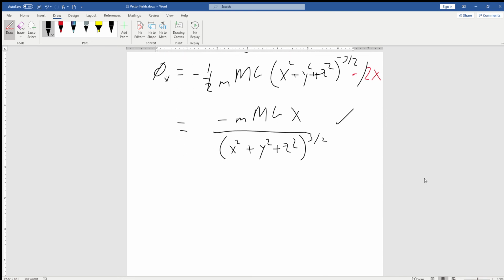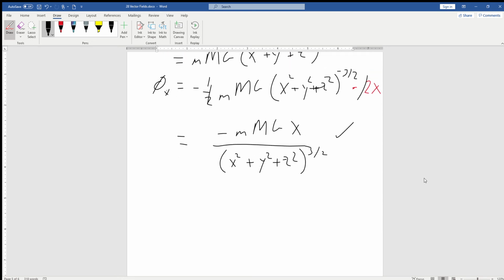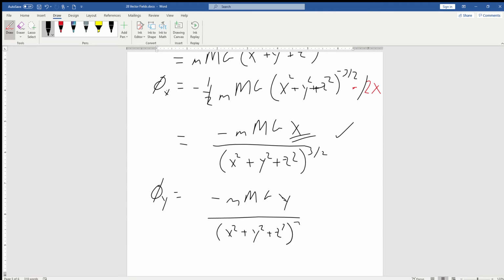Now, as you can imagine, we could just replace the x each time, because it's going to be the same mechanics to be able to find the partials. We can replace the x with y and z respectively. So phi sub y, we're going to have the exact same derivative, negative mMG, except the chain rule is going to give us a 2y. Okay. We still have the negative 1/2, and that's going to be x squared plus y squared plus z squared to the 3/2 power.